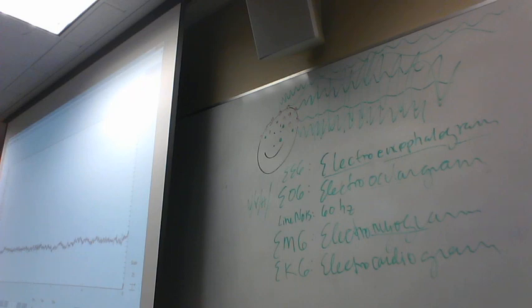Everybody on board? Okay. So we can label this as basically forget. This is an ERP for forget. And this is the event-related potential for remember. Okay? What does this tell you?